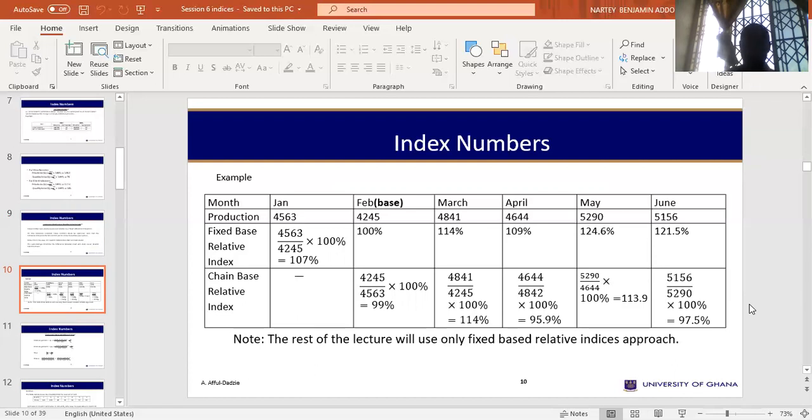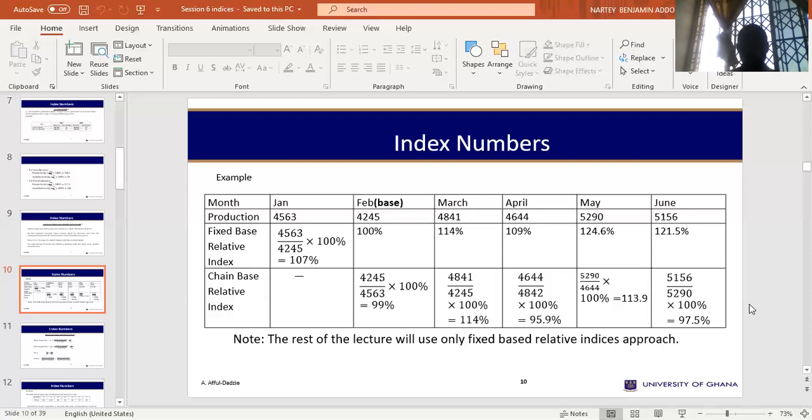If you are calculating the fixed, the question says we should use February as the base, so it has specified the base. For January, it will be 4563 over 4245 times 100. For February, it will be 4245 over 4245 times 100, which is 100.